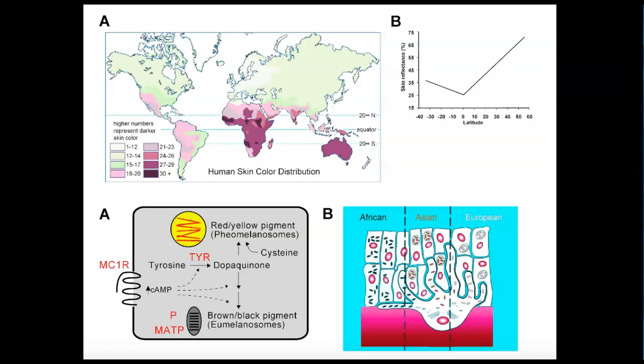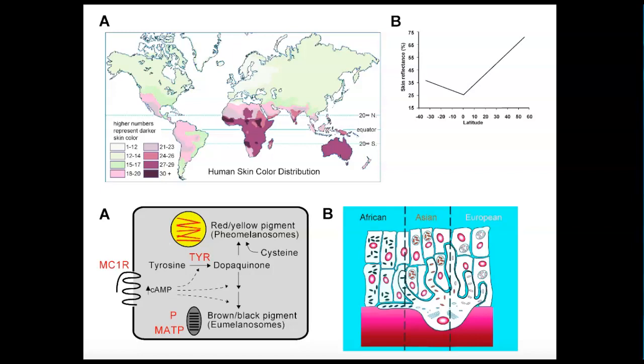So your skin is going to absorb more sunlight instead of reflecting it. The second set of graphs is showing that there are two different pigments in your skin. The first one is called pheomelanocyte, and it is a red or yellow pigment. And then the next one is called eumelanocyte, and that produces brown or black pigment.